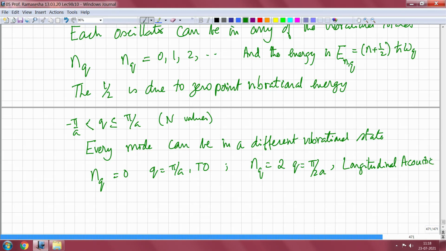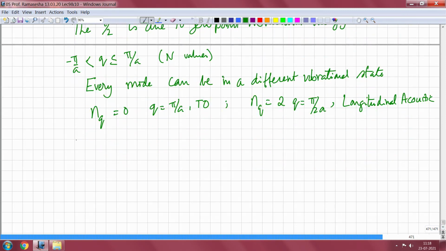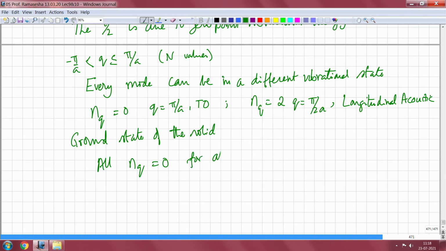And so forth. So if you want to define the ground state of the solid, all NQ are equal to 0 for all q and all modes. So this will be the ground state.